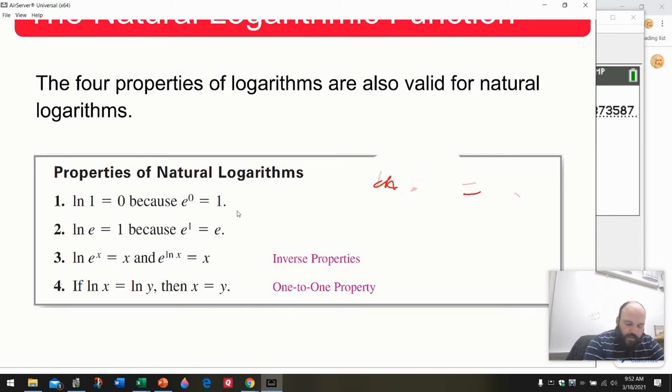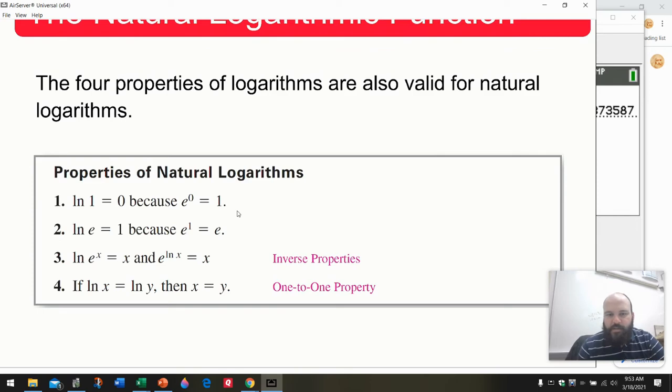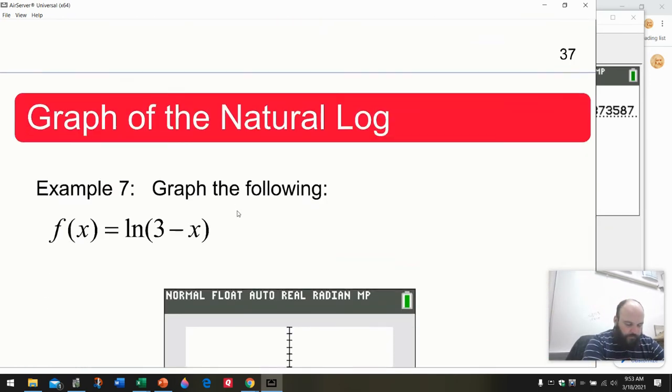The last one is called the one-to-one property. And that one says that if natural log of x equals the natural log of y, then we can say that x equals y. All right. So those rules, as I said, should be familiar to you because we've already learned them in a previous section where they applied to regular log functions.